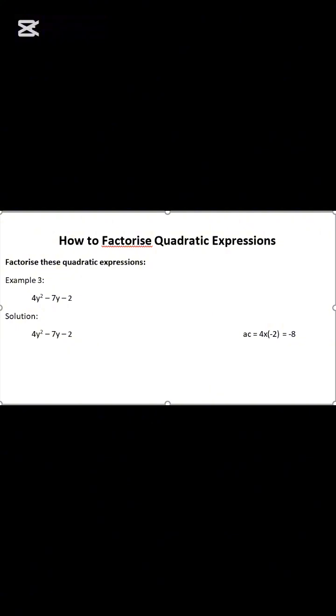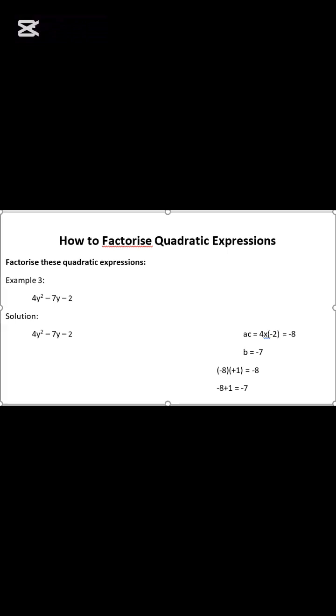Now we need two numbers that multiply to give minus 8 and add up to give the middle term, which is minus 7. Think about it. What could it be? I think it's minus 8 and plus 1, because minus 8 times 1 is minus 8 and minus 8 plus 1 is minus 7.